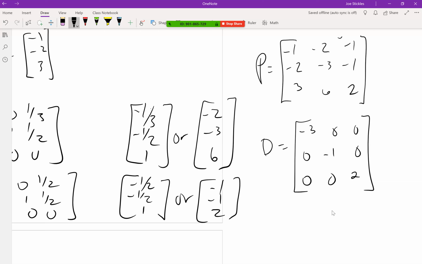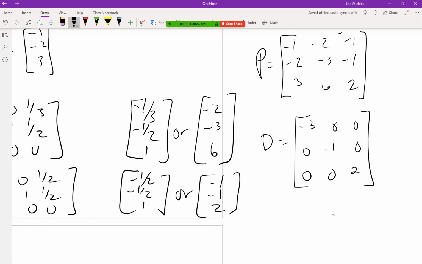At least one of the interesting things that I find about this particular thing is you could reorder these around and you still get the same, as long as you match up eigenvector with eigenvalue, the order of the columns doesn't matter. So you could have also done P equal to -2, -3, 6, -1, -1, 2, -1, -2, 3.